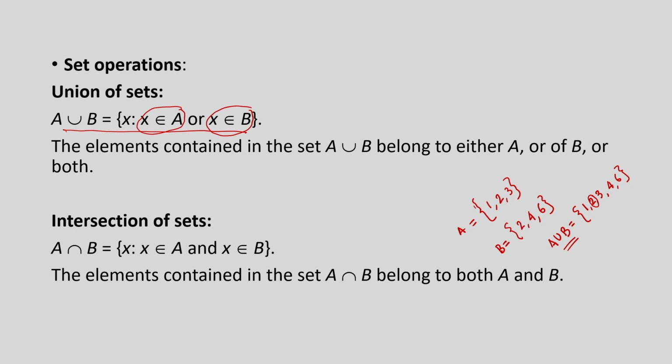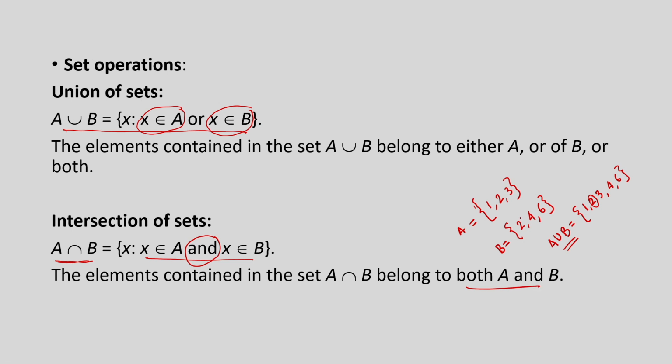Intersection of sets, and this is related to the first idea. Here A intersection B, which looks like an inverted U, is a set such that any element of that set satisfies this property, that any particular element of this set belongs to A as well as B. So, and means it belongs to A, but it also belongs to B. The elements contained in the set A intersection B belong to both A and B, right.